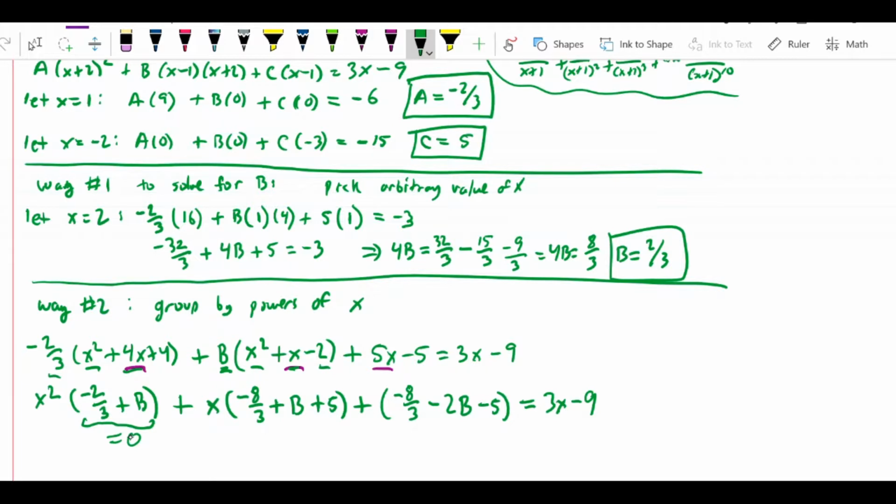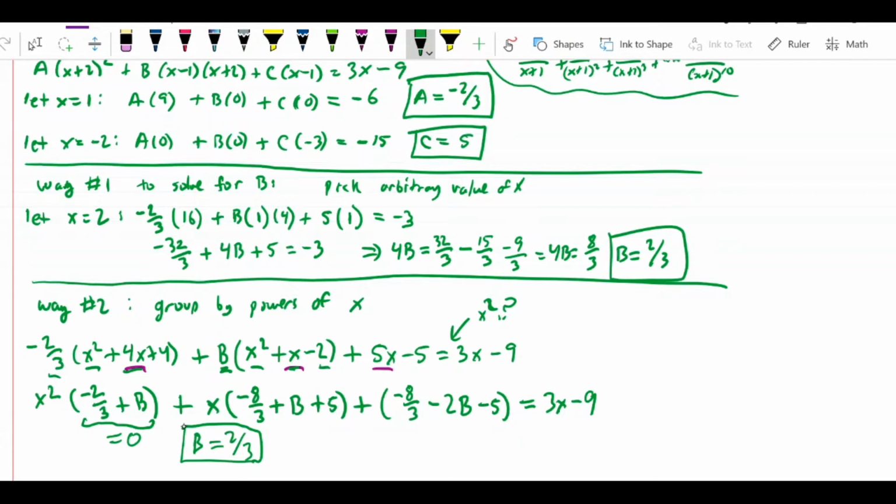Because otherwise we would actually see some sort of x squared term here, but we don't. So the only possibility is that the coefficient of x squared is 0. That makes it very easy because that means the only number that's going to make that coefficient 0 is 2/3. So this is what I think is sort of the more satisfying way of solving for the missing coefficients, is just to group them by powers of x and do them this way.